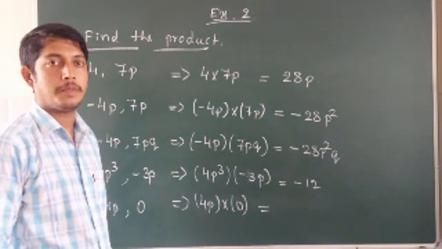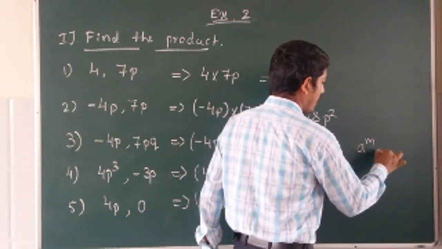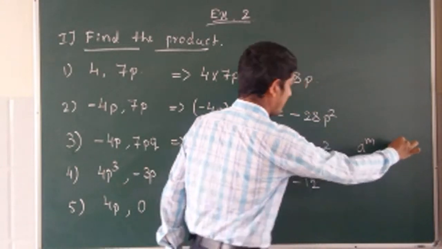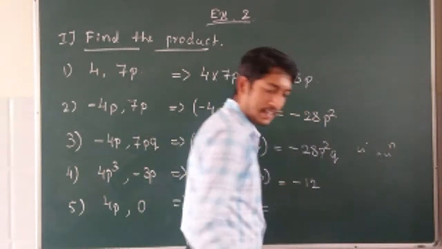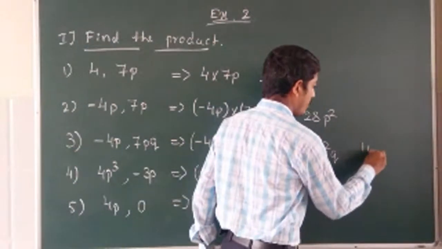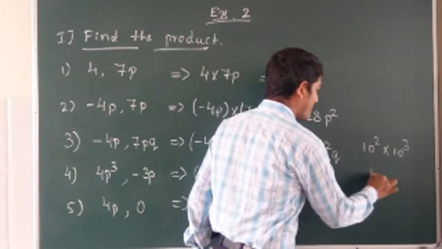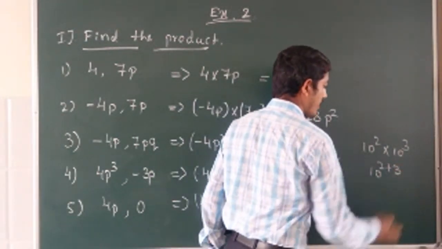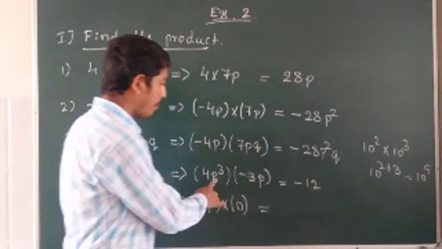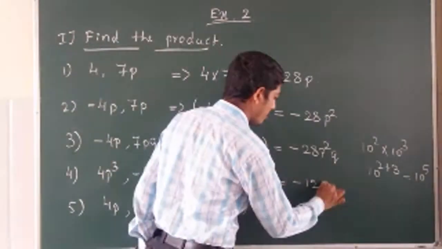So it becomes p raised to 4, because you know that k raised to m into k raised to n, or I will consider directly 10 square into 10 cube, it becomes 10 raised to 2 plus 3, so it becomes 10 raised to 5. Similarly here p cube and p, that means p raised to 1. 3 plus 1 is 4, p raised to 4.